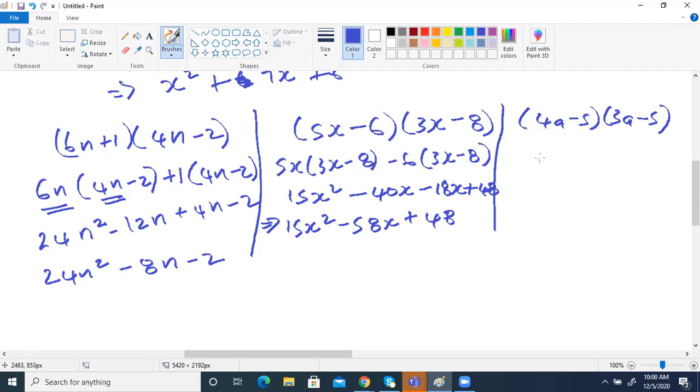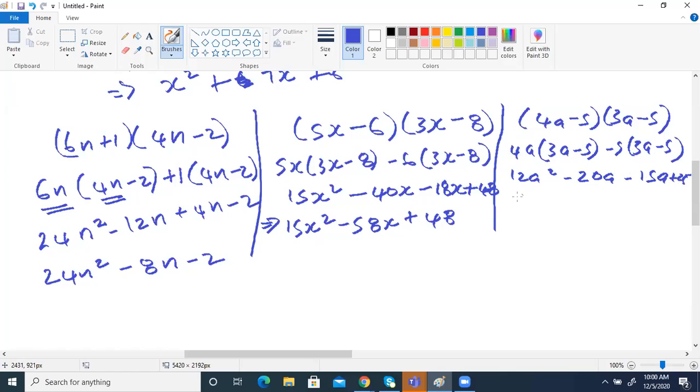So what about this one? What you got? I got 12a squared minus 35a plus 25. All right, let's see. So we have 12a squared, and this is our 20a, and this is 15a plus 25.